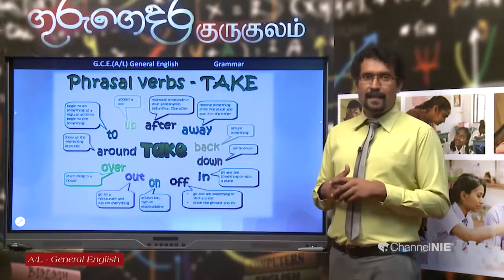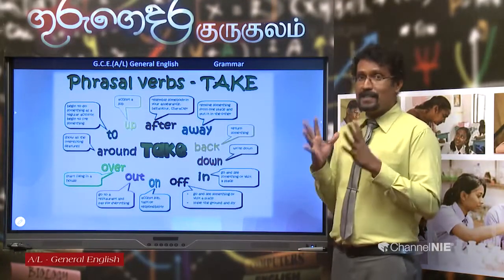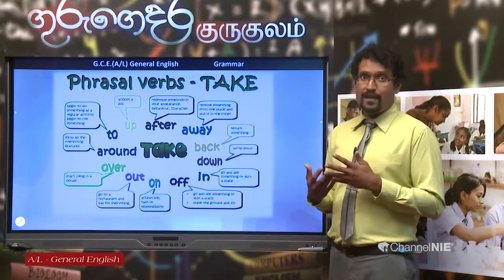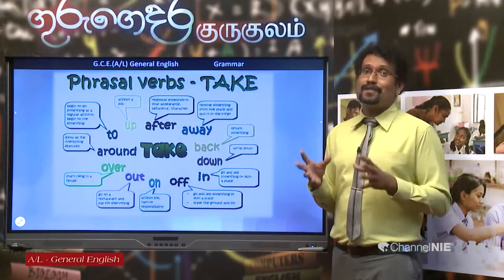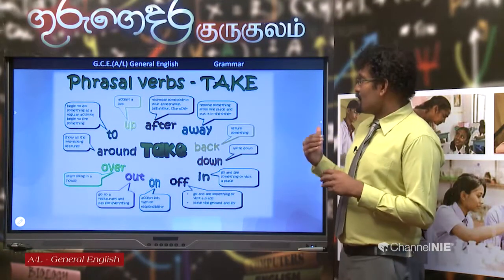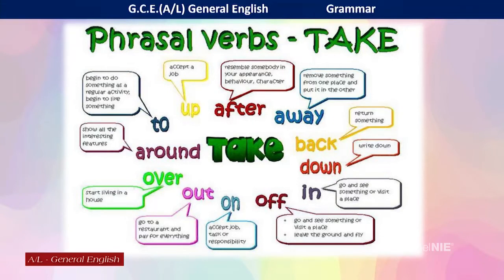So, there is another example for you of how we can use the verb take with different kinds of prepositions to give different kinds of meanings. Take up, that means accept a job. Take after, resemble somebody in your appearance or behavior or character.